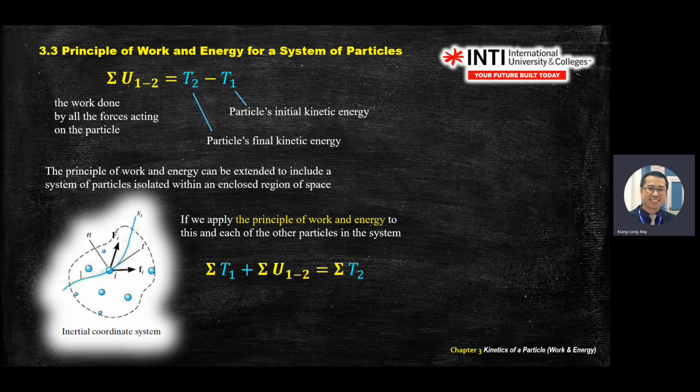This one is normally used to find the final velocity, because if you look at the principle of work and energy, the missing parameter is always the velocity. So you rewrite this equation, and then there will be a missing parameter that you need to solve.